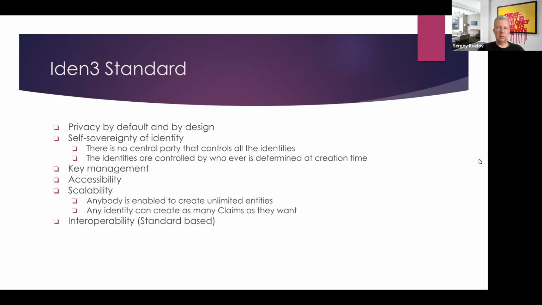Key management, accessibility, scalability, meaning that anybody is enabled to create unlimited identities. Any identity can create as many claims as they want. So if I have 1,000 friends, I can issue these claims that they are my friends to everyone. So I issued 1,000 claims. Interoperability, of course, based on the standard.